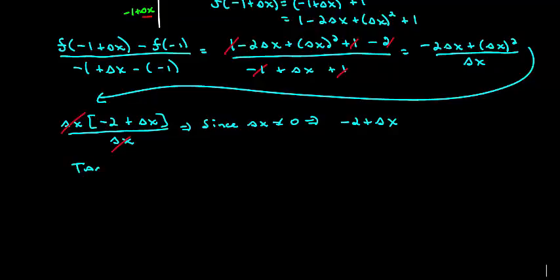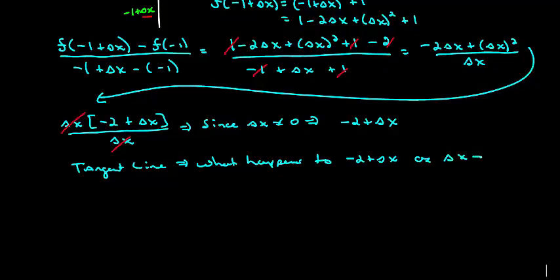So for the tangent line, what happens to negative 2 plus delta x as delta x gets really small or goes to 0? And what happens is negative 2 plus delta x goes to just negative 2.